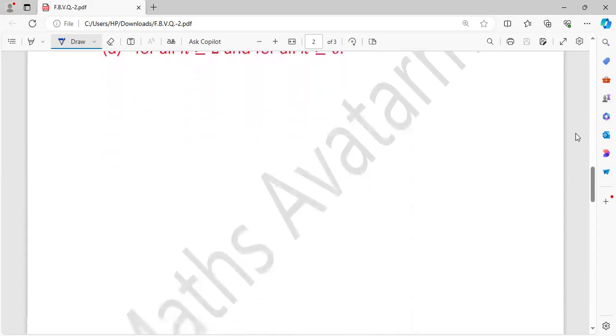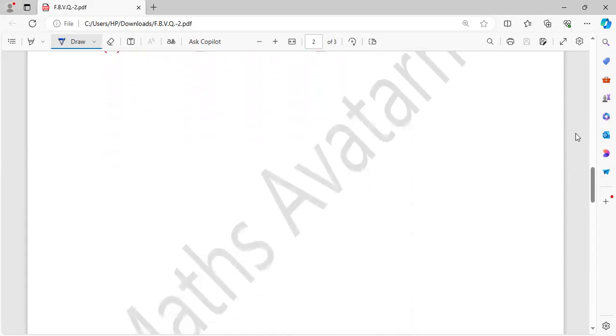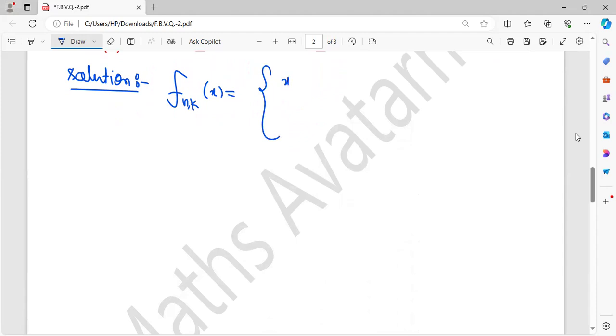So it is simple. Solution. So my f_{n,k} is what? How is this function defined? It is defined by x^n sin(π/(2x)) minus x^k for x not equal to 0, and it is 0 for x equal to 0.